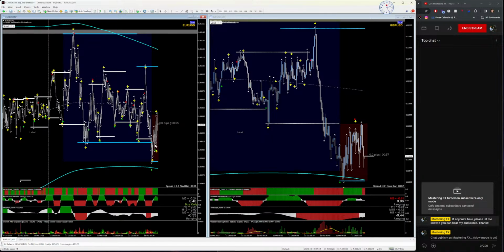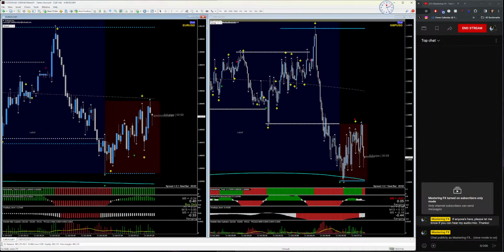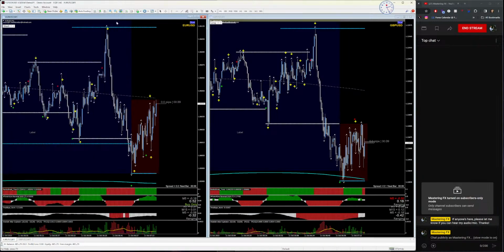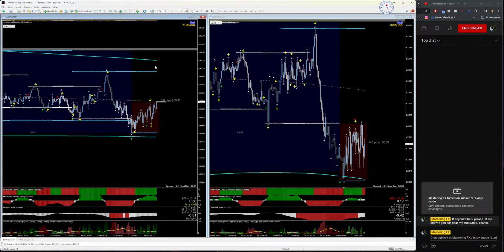However, it did it on the last candle of the Asian session. That was this candle, the last candle of the Asian session, and then we did not sweep yet. It might still go up, don't get me wrong, but I'm not interested. I'm just waiting for a short setup here once we get up there.